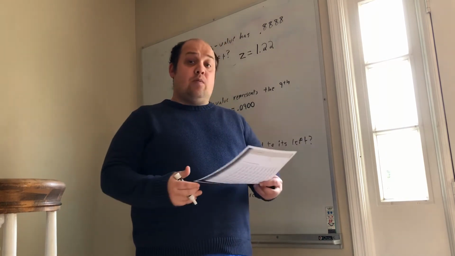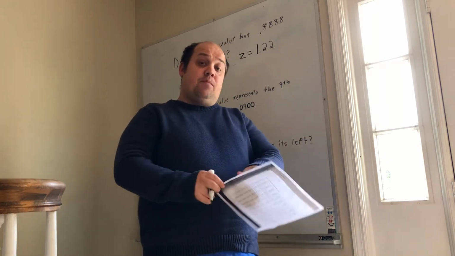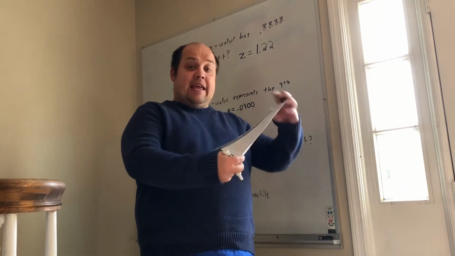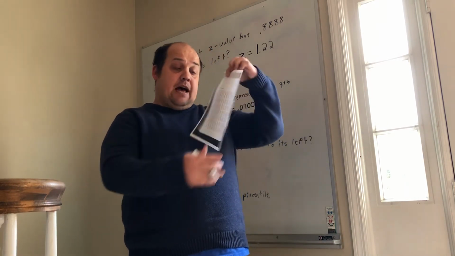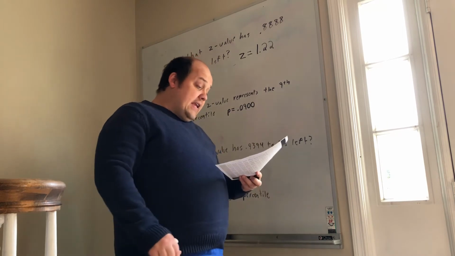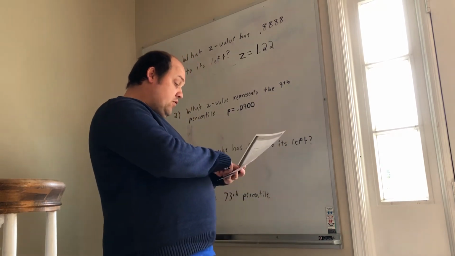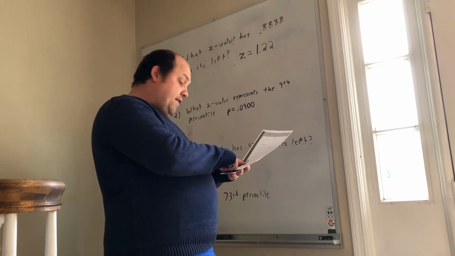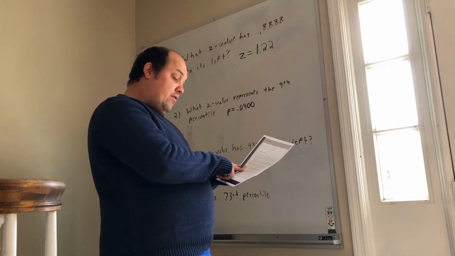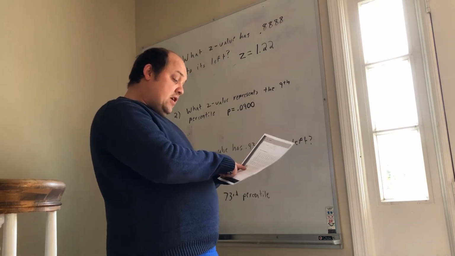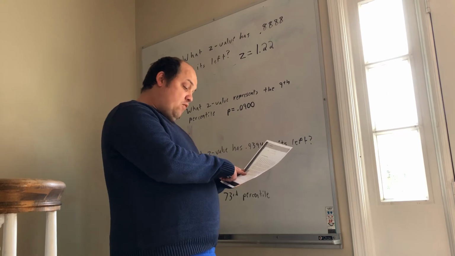First thing, I need to know which side I'm on. Since it's between 0 and 0.5, I'm going to turn to the negative side that has the graph at the top. When I now look for 0.0900, as I go down the left column, I see that at negative 1.3, it hits 0.0968, so it has to have happened in that row.